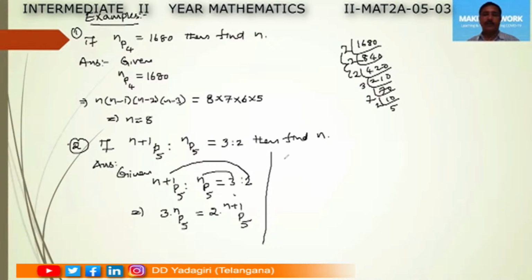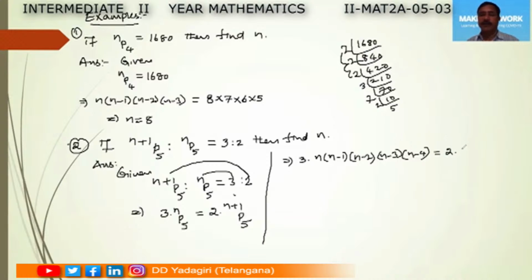Now this implies 3 into nP5, we can write it as the product of 5 consecutive values from n in the descending order: n into n minus 1 into n minus 2 into n minus 3 into n minus 4. And this is equal to 2 into (n plus 1)P5.